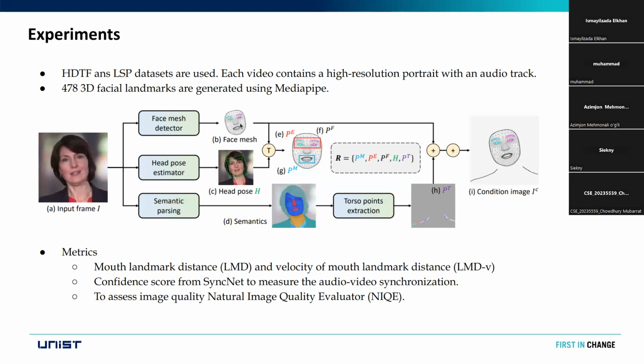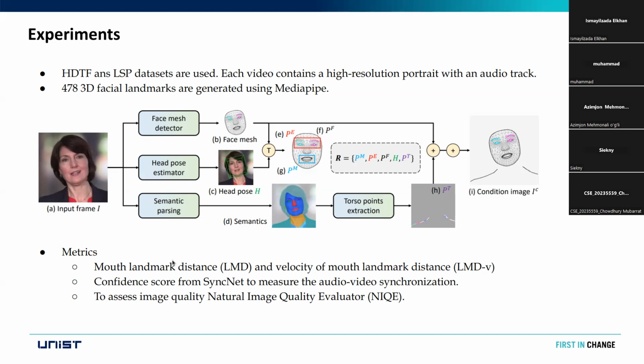They use MediaPipe to predict face mesh and a head pose estimator, then semantic parsing to produce torso point extraction. They incorporate torso points with face mesh and head pose, all of them, to produce the condition image to give to the MODA network.